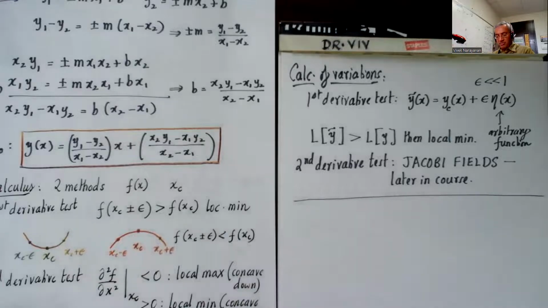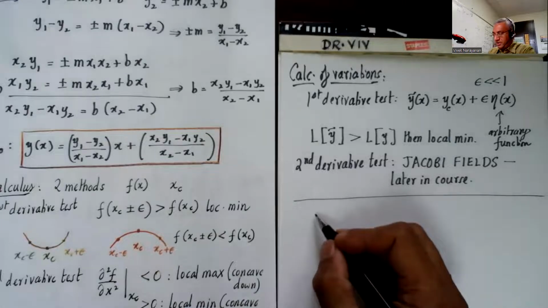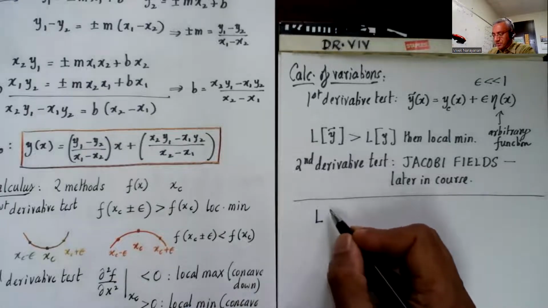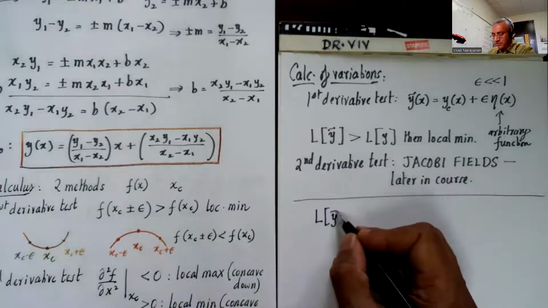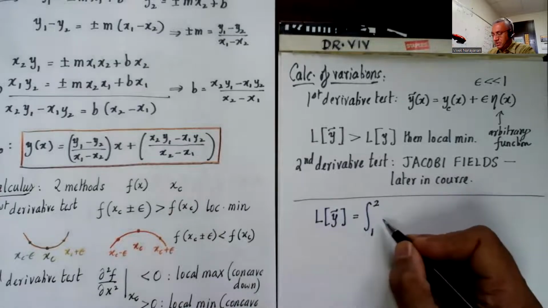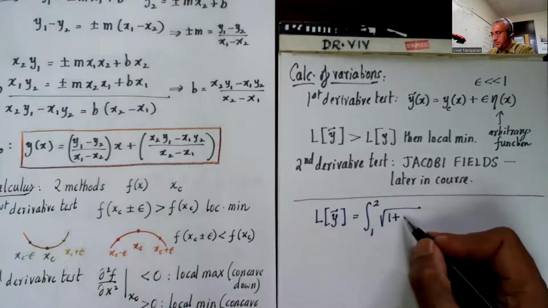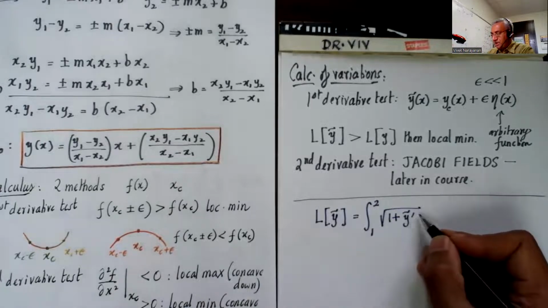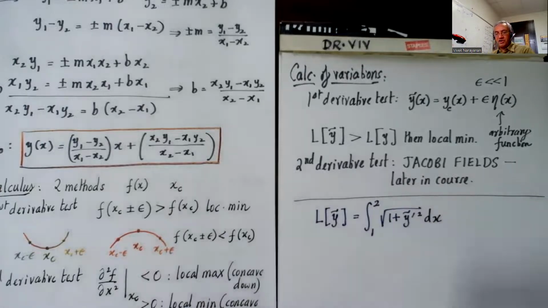Let's go back to this problem and get our tilde set up. So our action function L of y tilde is going to be the integral from 1 to 2 of the square root of 1 plus y tilde prime squared dx. That's our original length functional, but now we're going to perturb it.